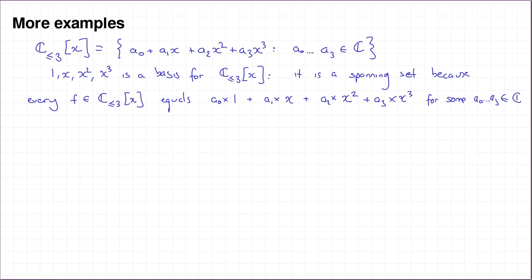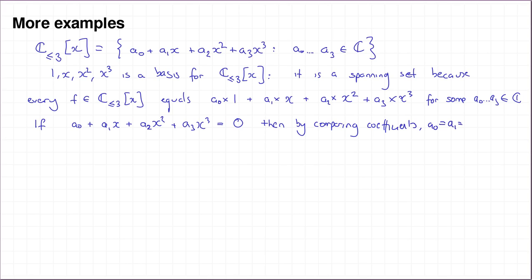On the other hand, if a0 plus a1 x plus a2 x squared plus a3 x cubed is a linear dependence relation, if this equals 0, then we can compare coefficients in polynomials, so it would follow immediately that all of the coefficients were 0: a0, a1, a2, a3 equals 0.